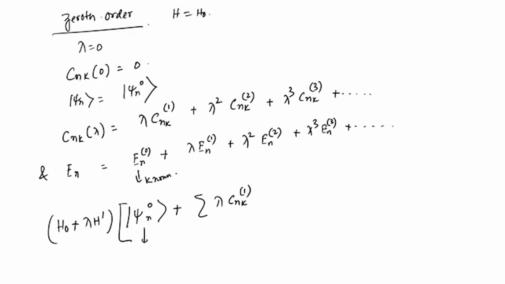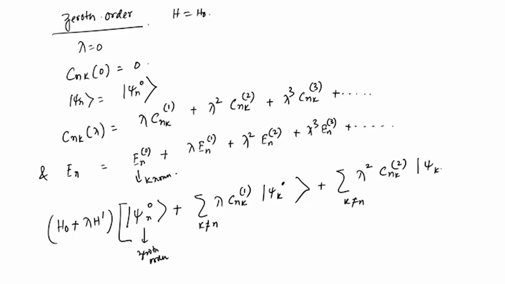So, this corresponds to the 0th order, lambda C n k 1 psi k 0. Well, that 0 I am writing without a bracket, and so k is not equal to n, and you have k not equal to n again, and you have a lambda square C n k 2 psi k 0 and so on.